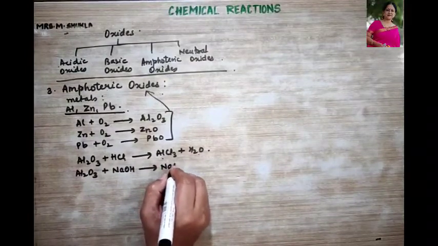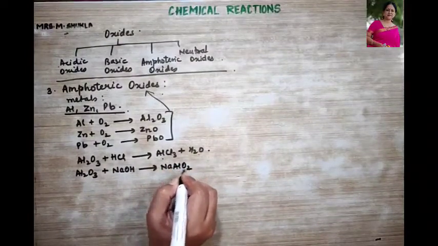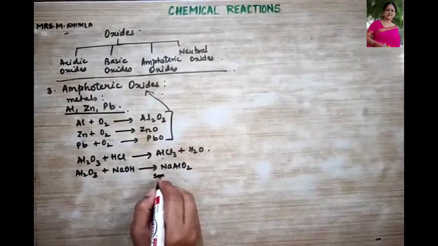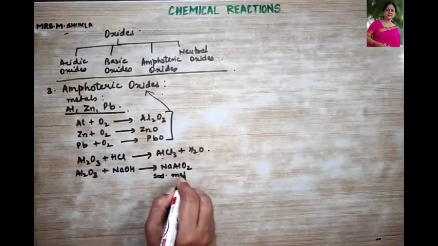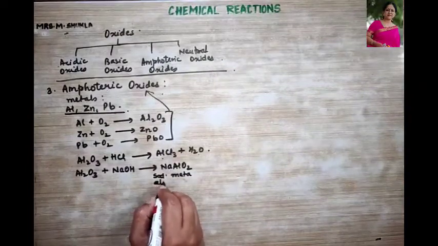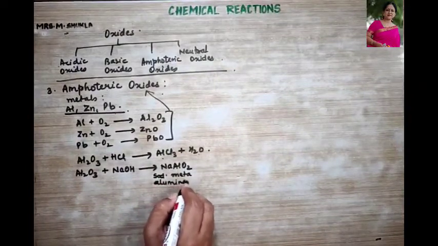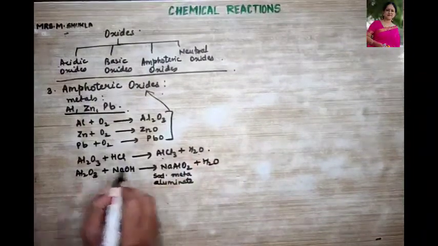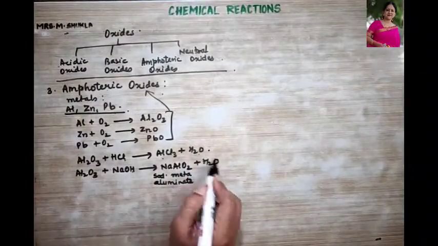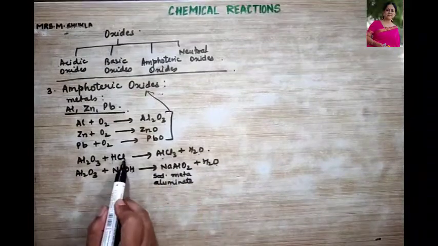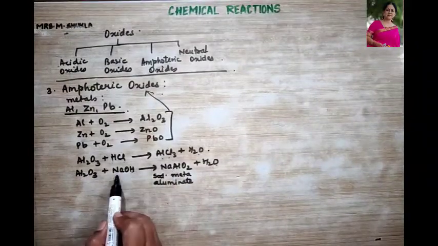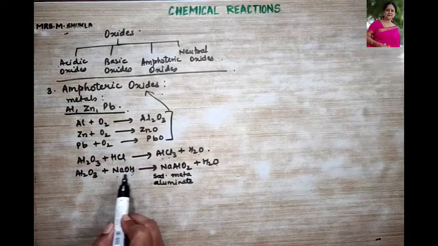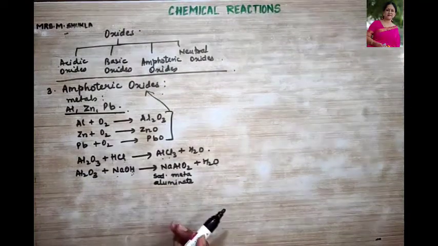It is called sodium metaaluminate, plus water. Since oxide is there, hydrogen is there, therefore water will be formed. But with the acids, they form simple salts. With the hydroxides, or with the strong alkalis, they form a complex salt.